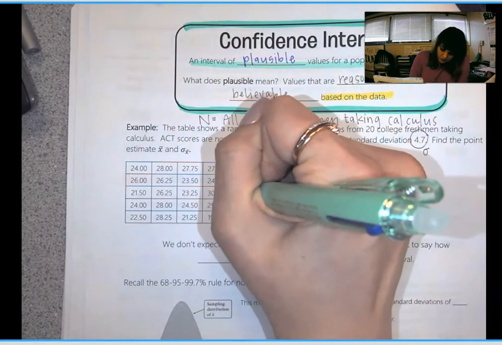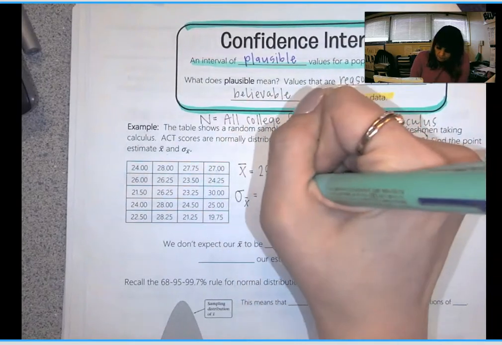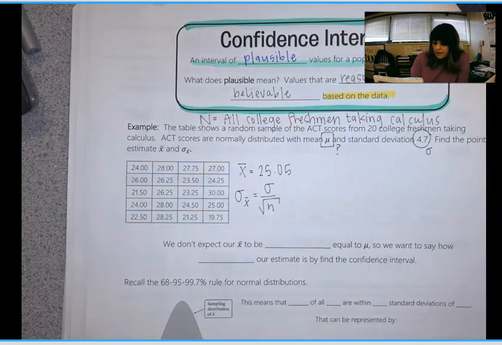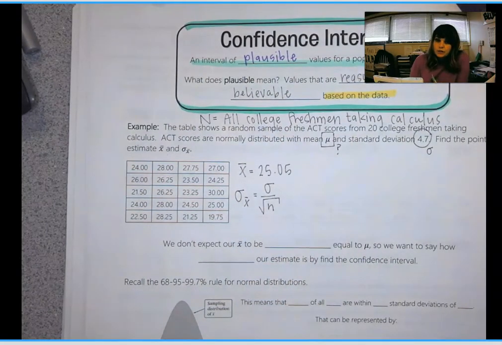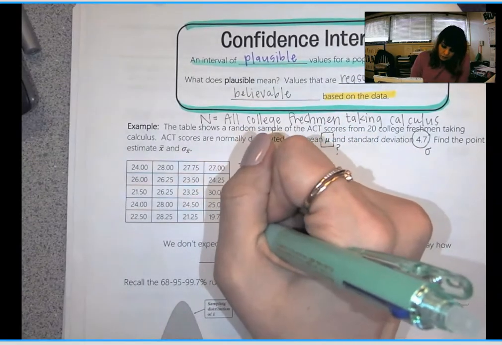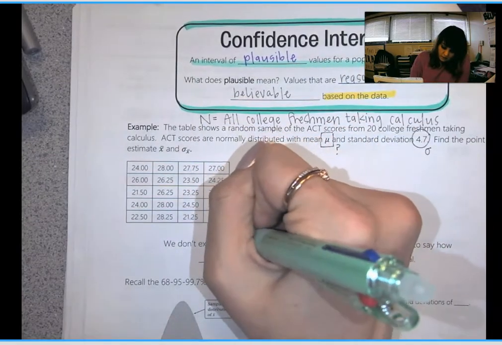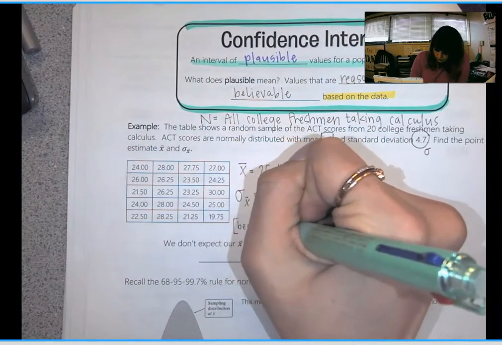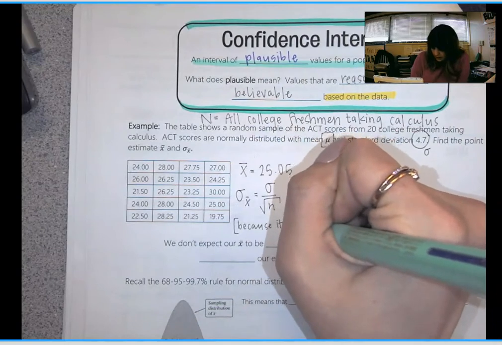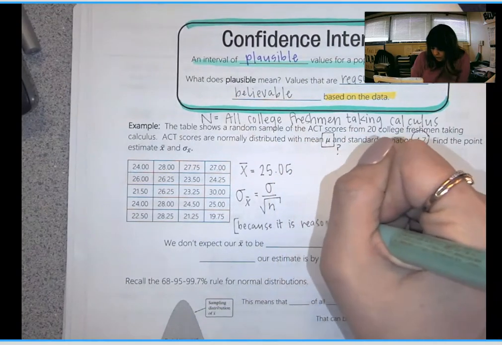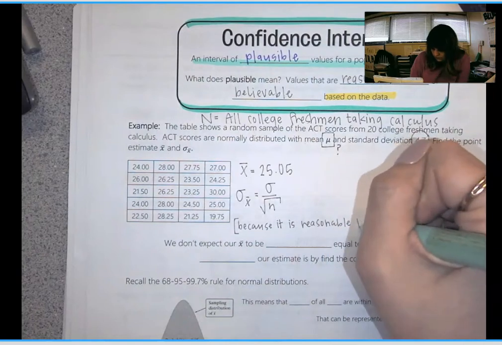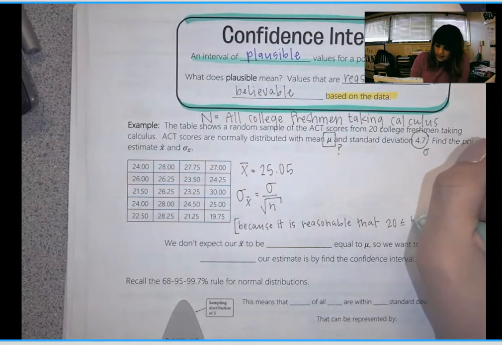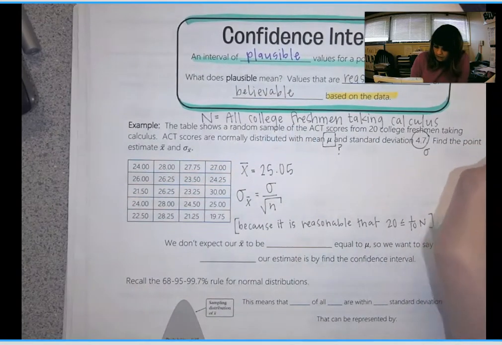Our sigma sub x bar is sigma divided by root n. This comes from the last unit. We are able to use this formula because it is reasonable that 20 is less than or equal to 1/10 n.